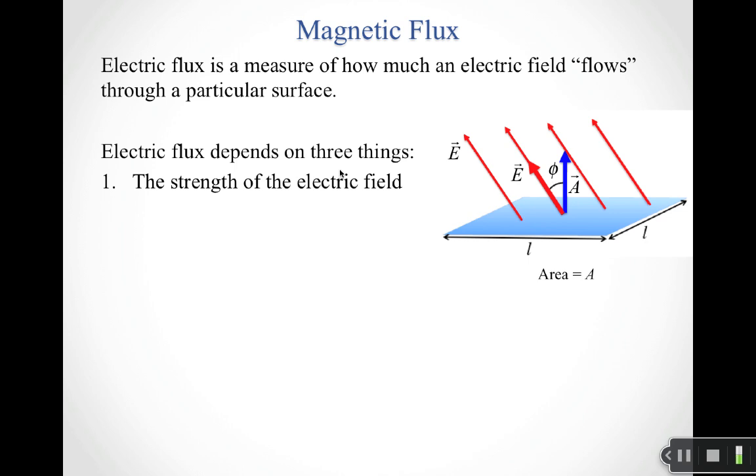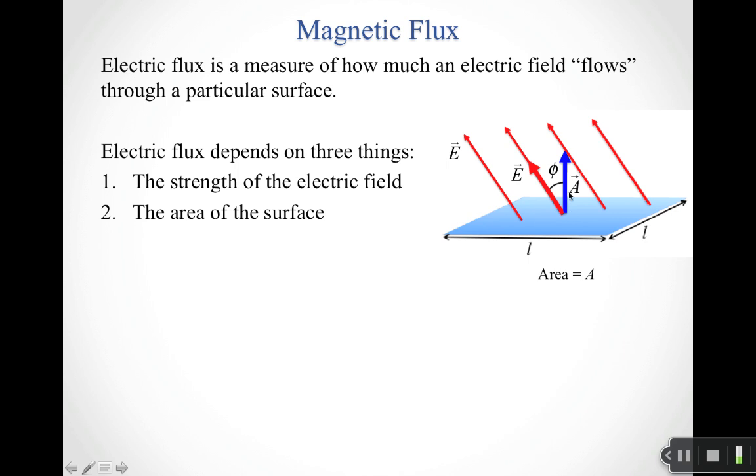The electric flux depends on three things. First one is the strength of the electric field. So basically, what is the magnitude of this vector on the surface? Two is the area of the surface. You notice here that we've got something listed as the area vector.